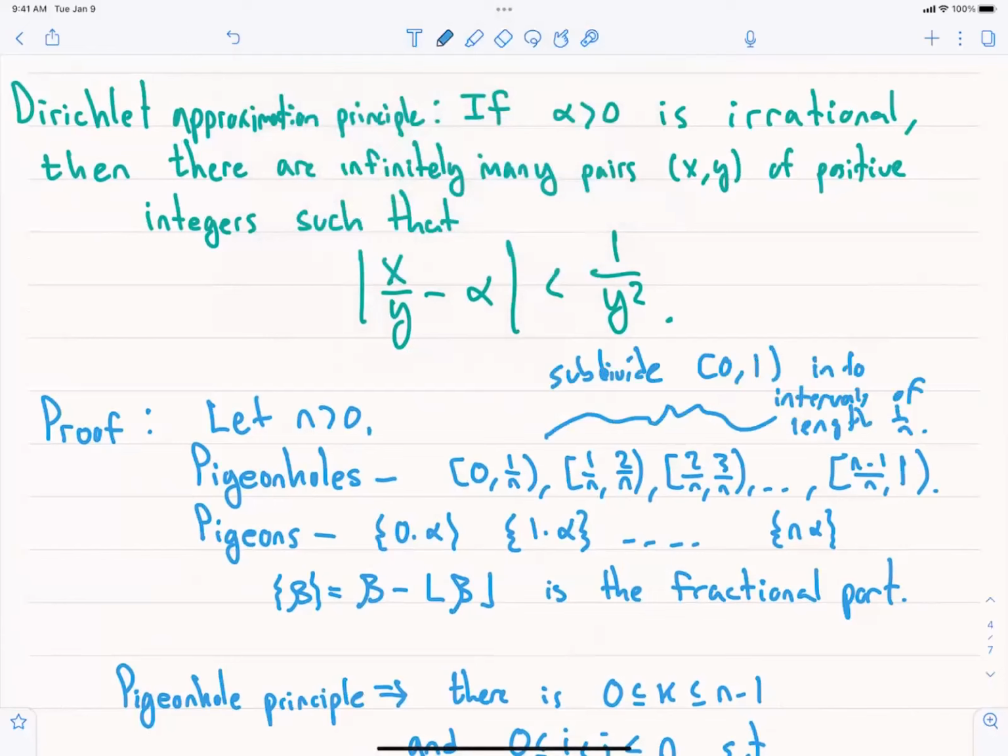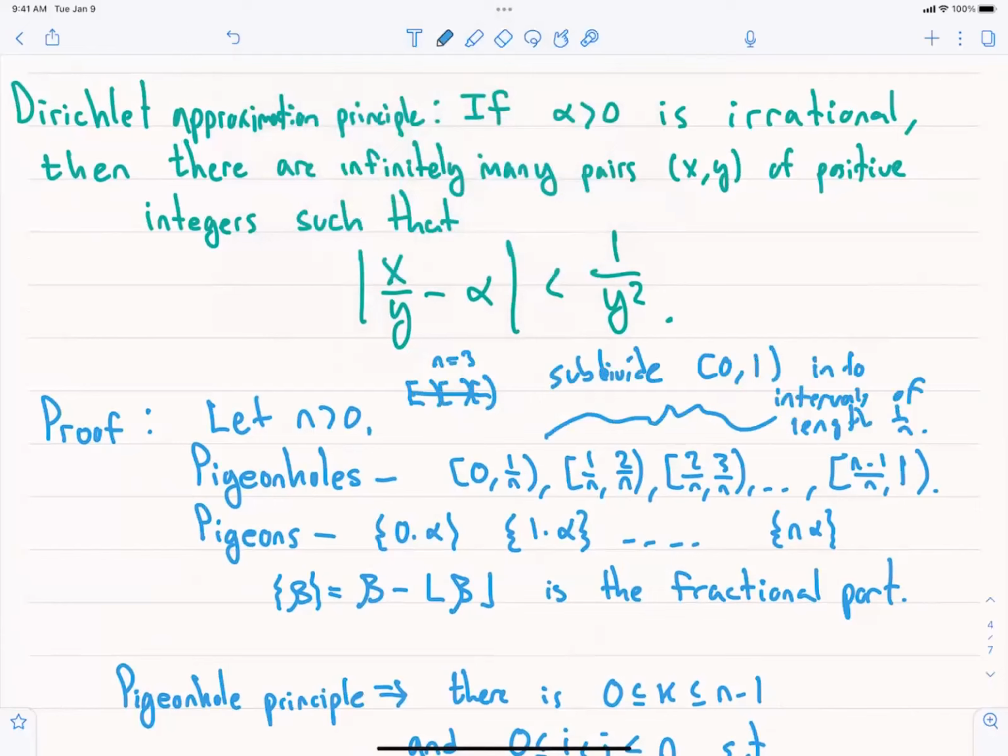Each of those intervals of length 1 over n gives me one of my pigeonholes. So just for example, if n was 3, I just chop it like this. So I have 3 holes sitting on the unit interval.